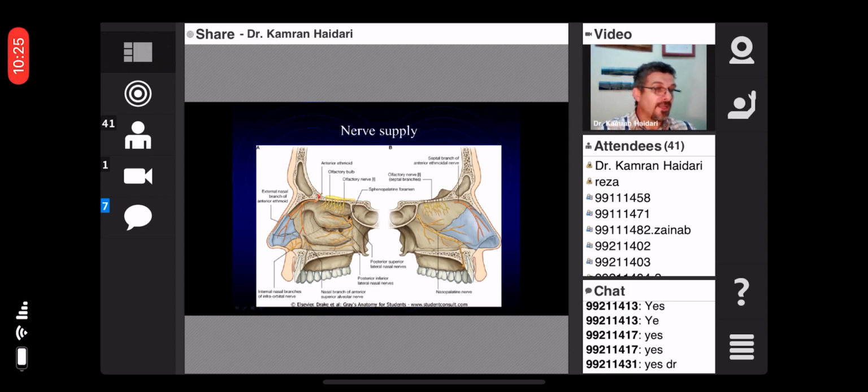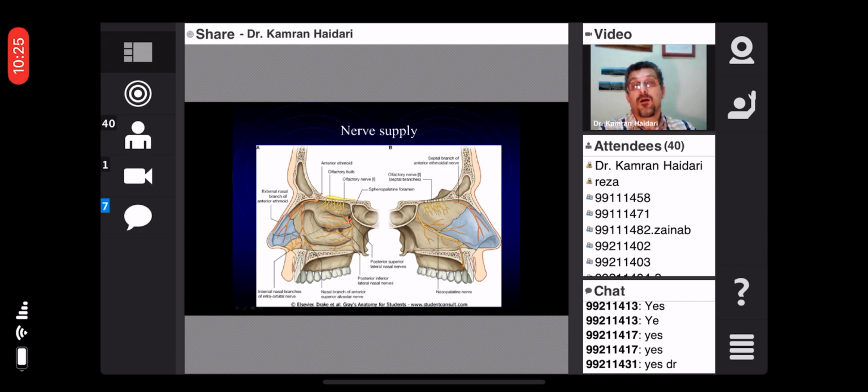The septal branch and the lateral branch, by 7 nasal branches of the maxillary nerve. The pterygopalatine fossa has 7 nasal nerves, which emerge from the sphenopalatine foramen and come to the nasal cavity.